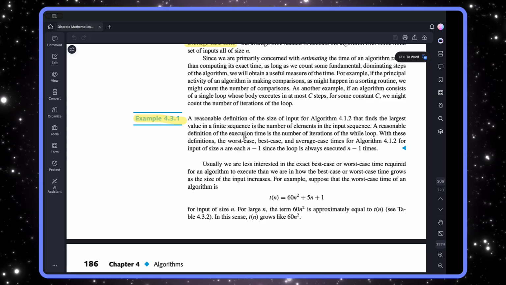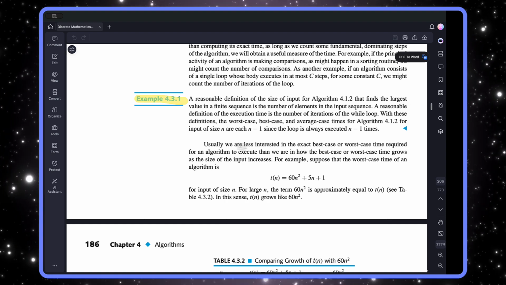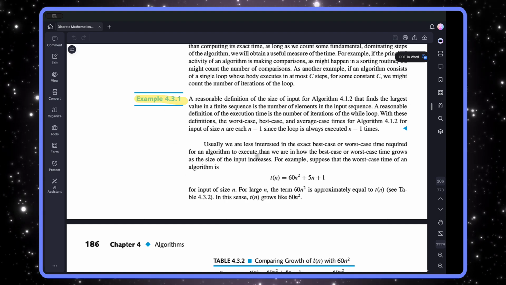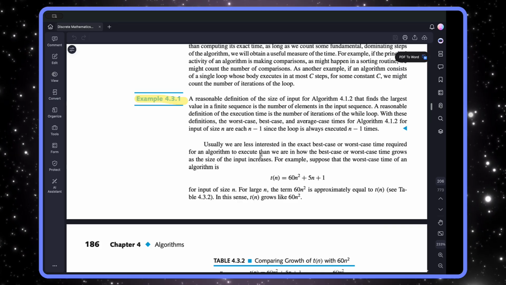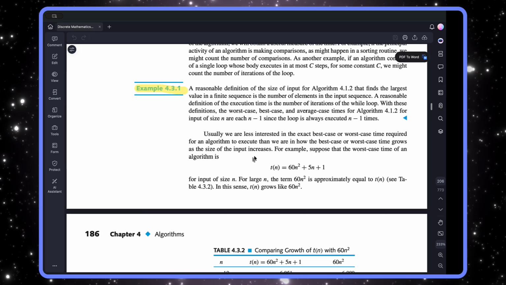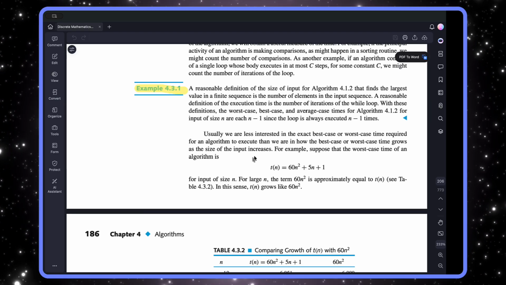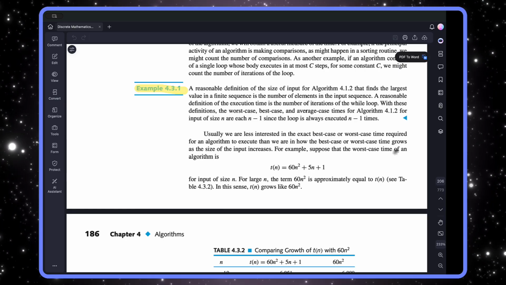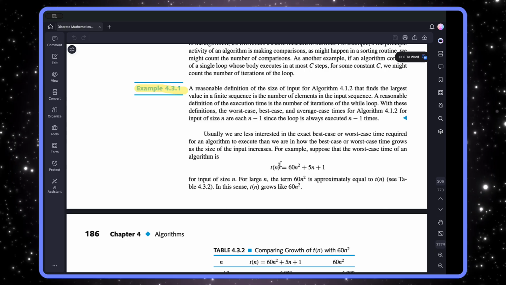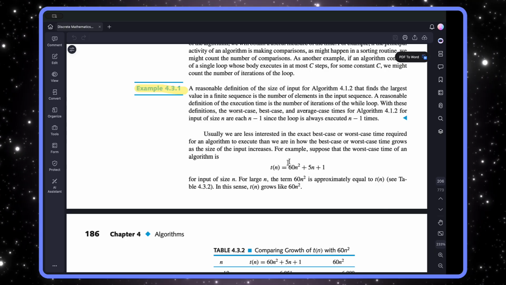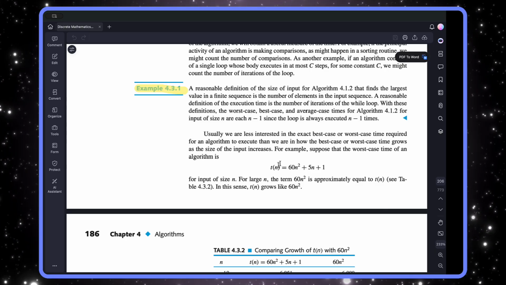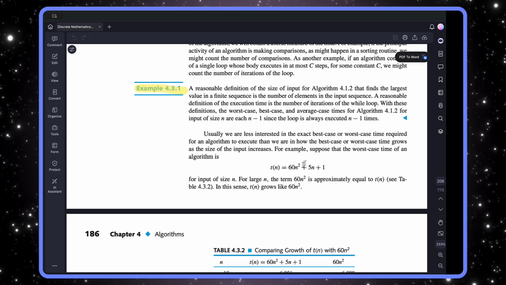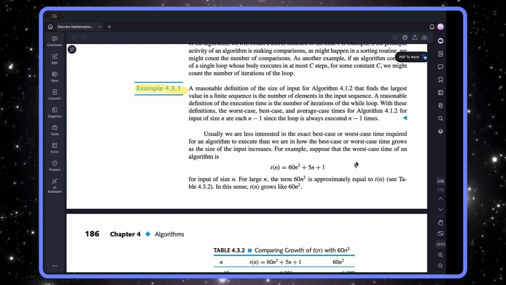Well, this is interesting, a very good sentence here. Usually we're not interested in the exact time. We just want to know how the time grows as n increases. So, for example, suppose that the worst case time for an algorithm is T of n, where for input size n, the number of iterations is 60 times n squared, this polynomial.